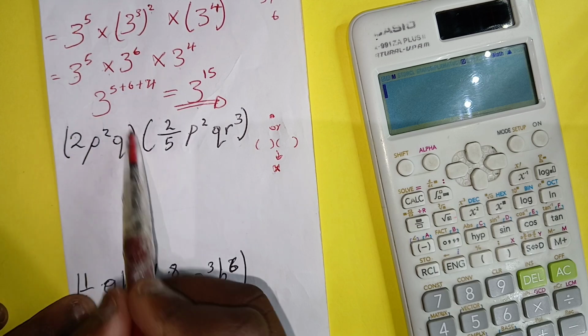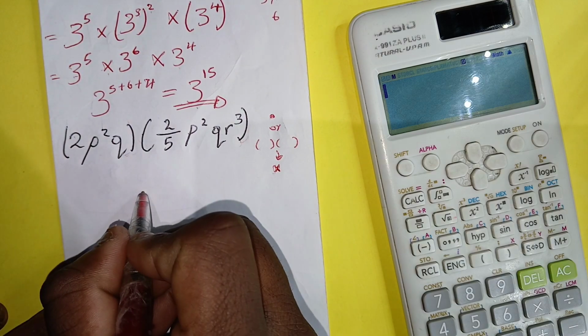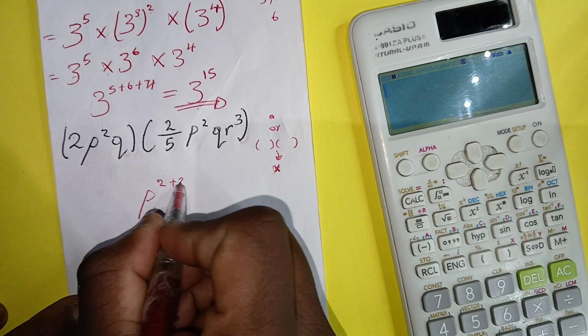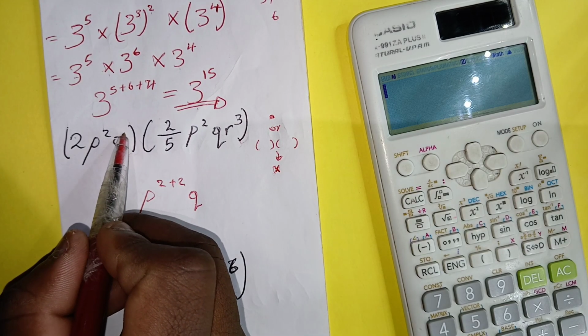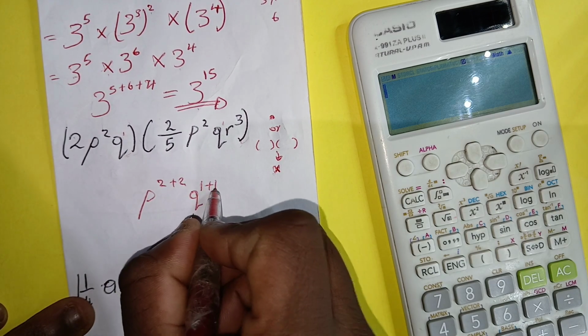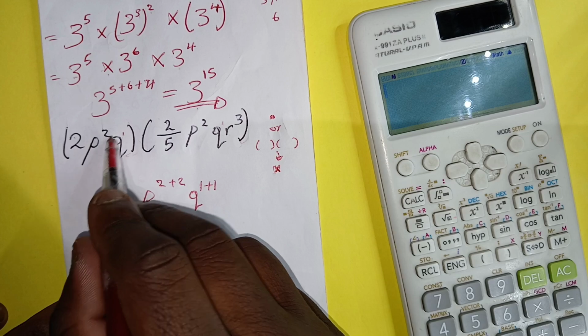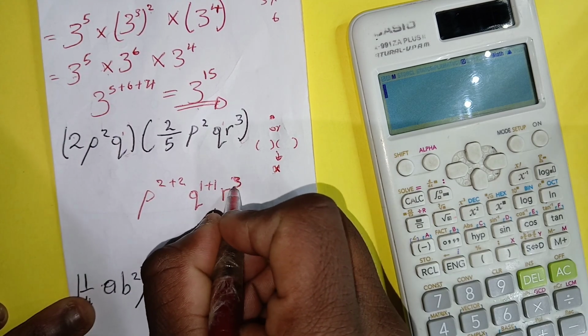Here, when you multiply the same base, we add the exponent, so it will be 2 plus 1 for q. Be aware that there is an invisible 1 here and also an invisible 1 here, so it's 1 plus 1. For r, there is no same base, so you can just put r like that.